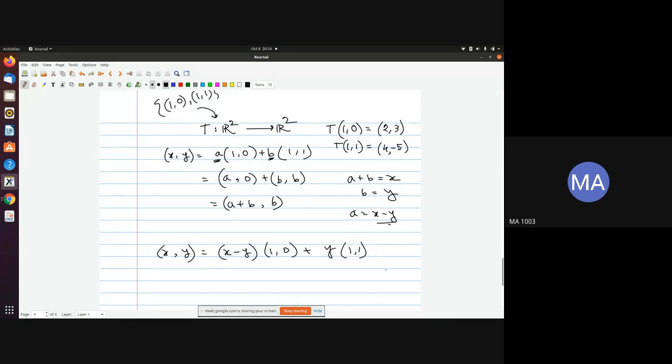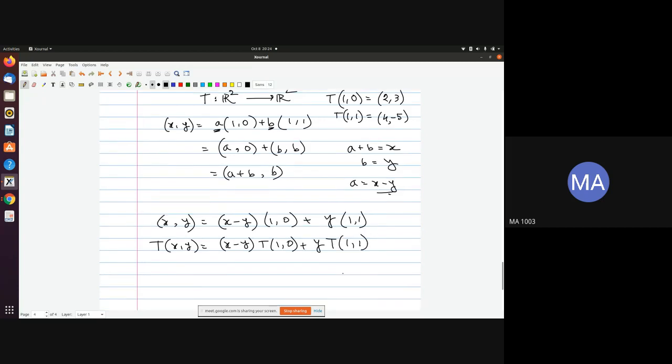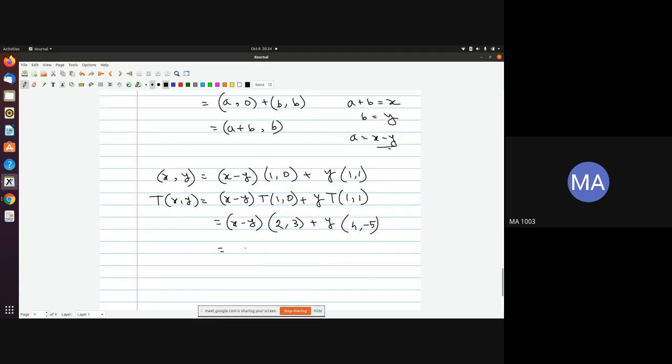So this is the expression I got. T of (x, y), what is this? This is (x minus y) times T of (1, 0) plus y times T of (1, 1). Now let's check what element I am getting. This is (2, 3) and this is (4, -5). So I get 2x minus 2y, 3x minus 3y, and here 4y, minus 5y.